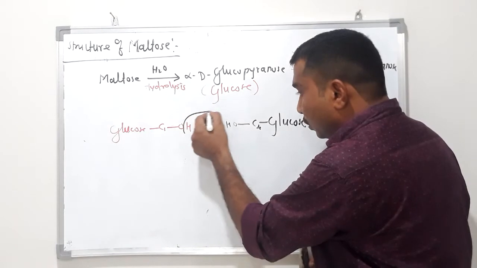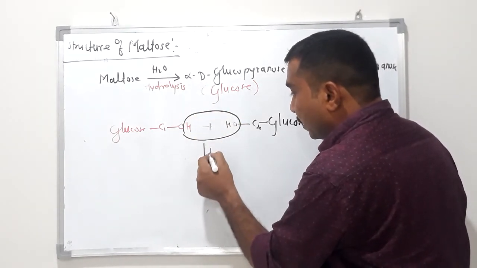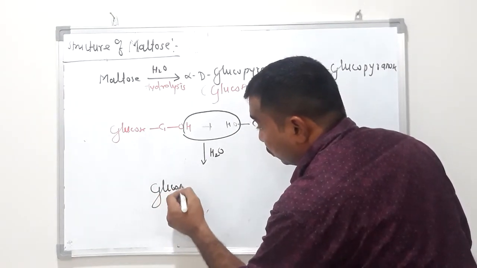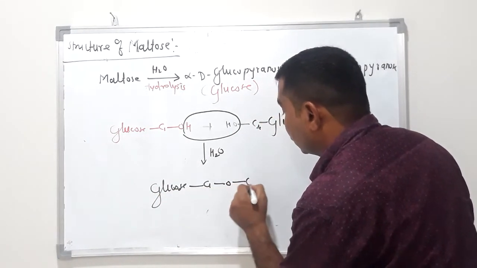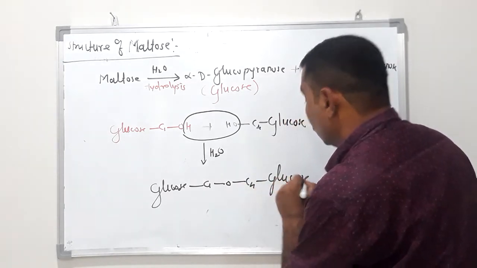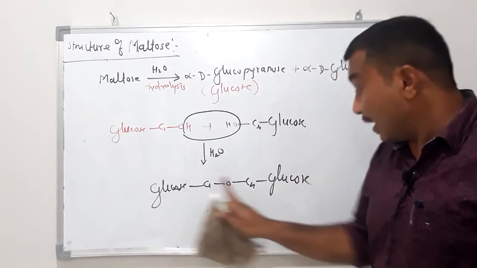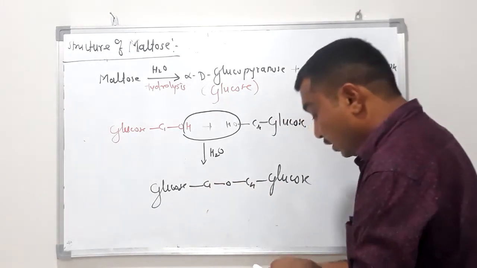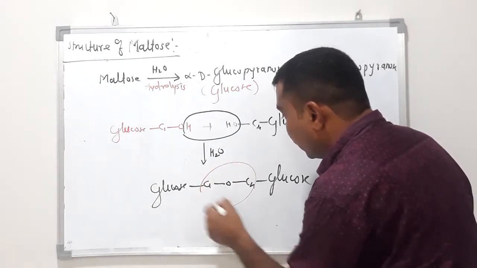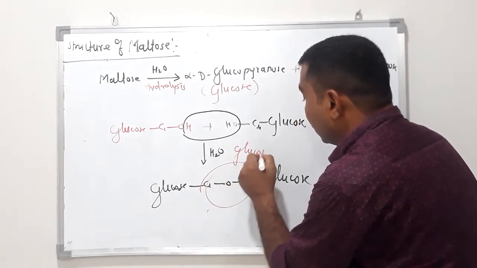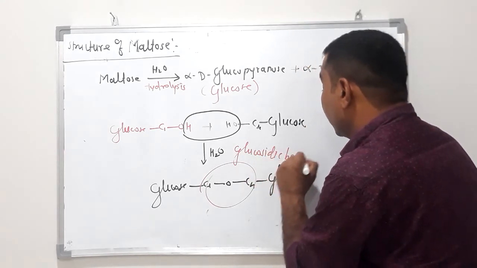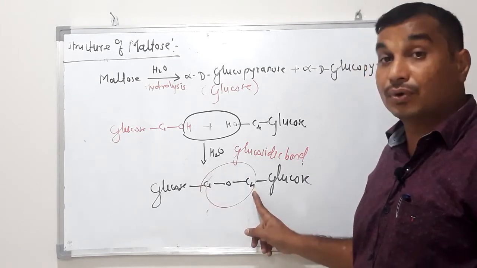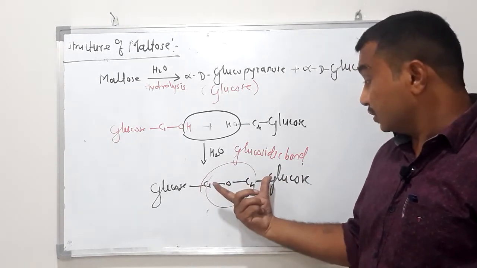These 2 OH groups will lose H2O and combine, glucose C1 O C4 glucose. So C1 of one molecule and C4 of another molecule combine together through this bond, known as the glycosidic bond.